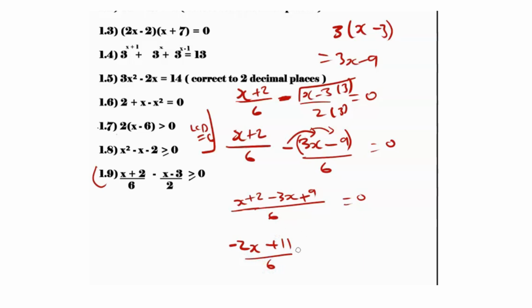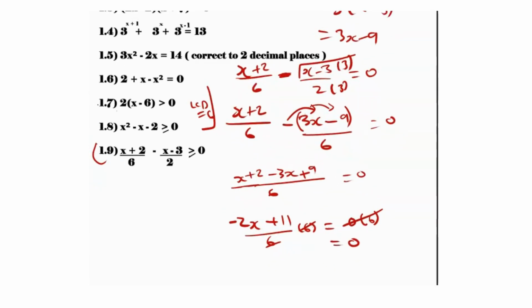We need to remove this denominator. We just multiply by 6 on both sides. Here it's going to give us 0, and here we're just going to be left with negative 2x and 11. Let me just erase this because I don't have enough space here.